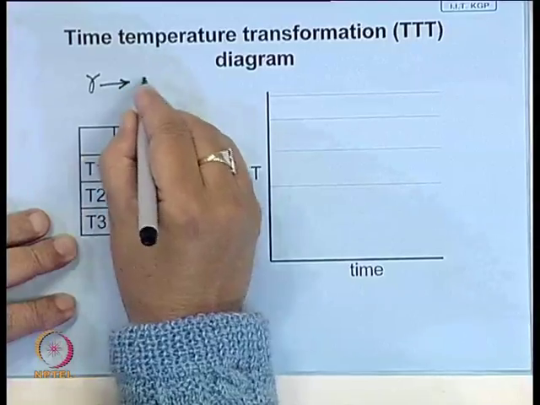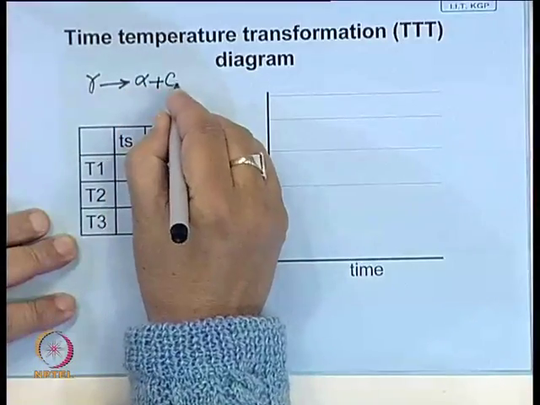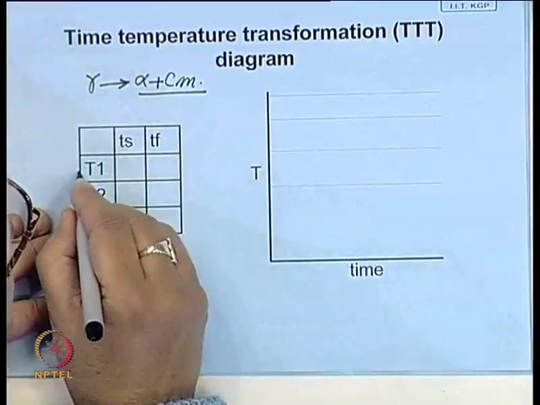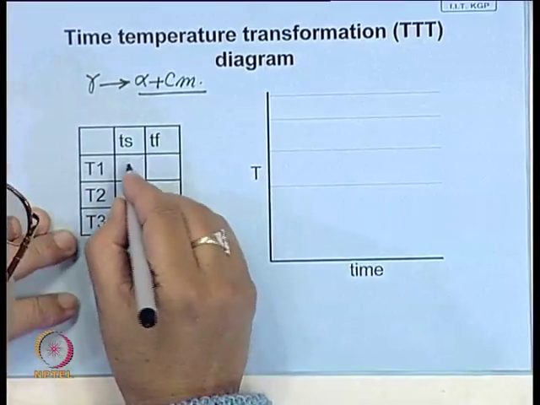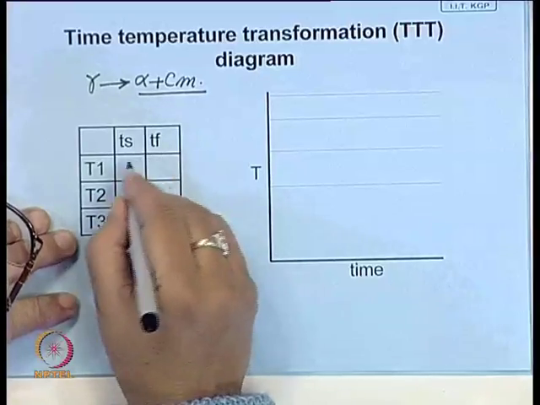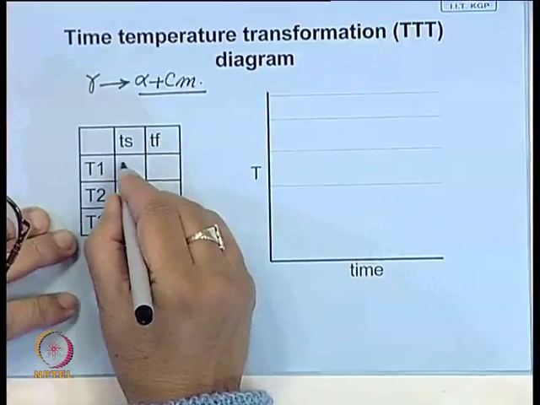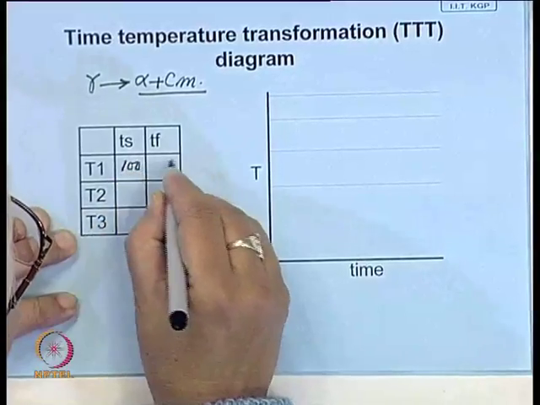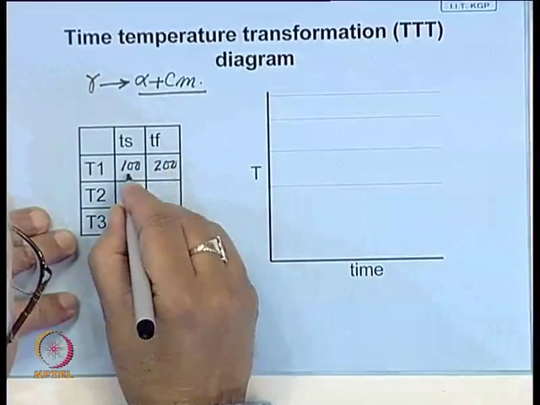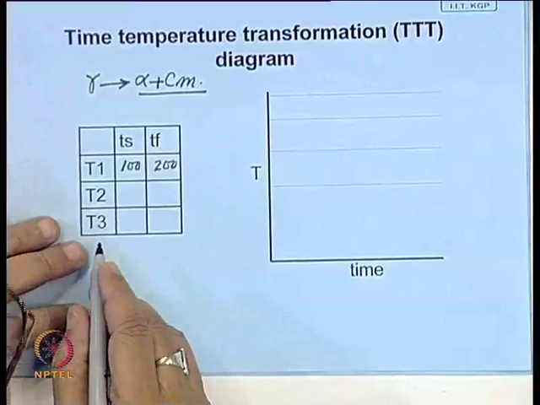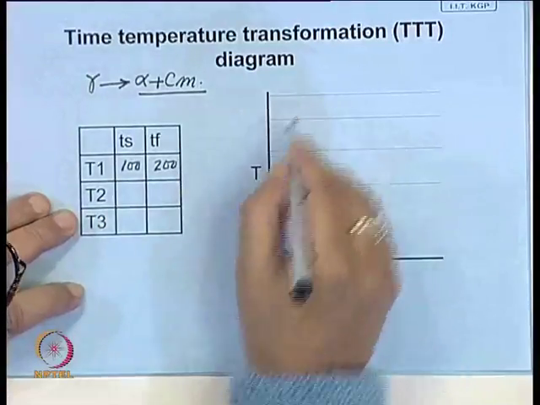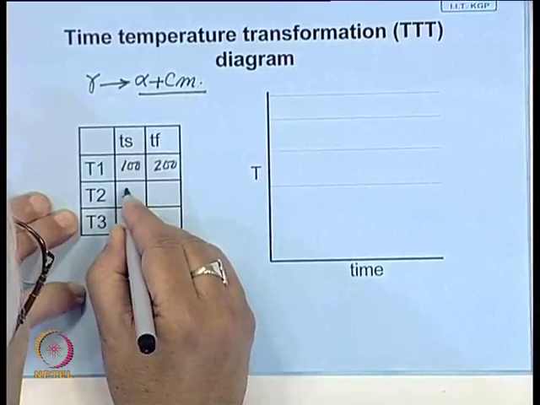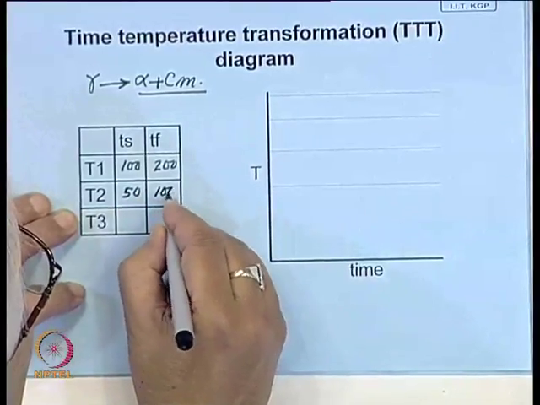If you compile a table at different temperatures, that is how austenite decomposes into a mixture of ferrite and cementite. So, for this temperature T1, the start time, you get some number. Maybe this may be 100, this is 200, let us say 100 second, 200 second. I am putting arbitrary numbers. If you go down further, you may find it has come down: this is 50, this is 100.